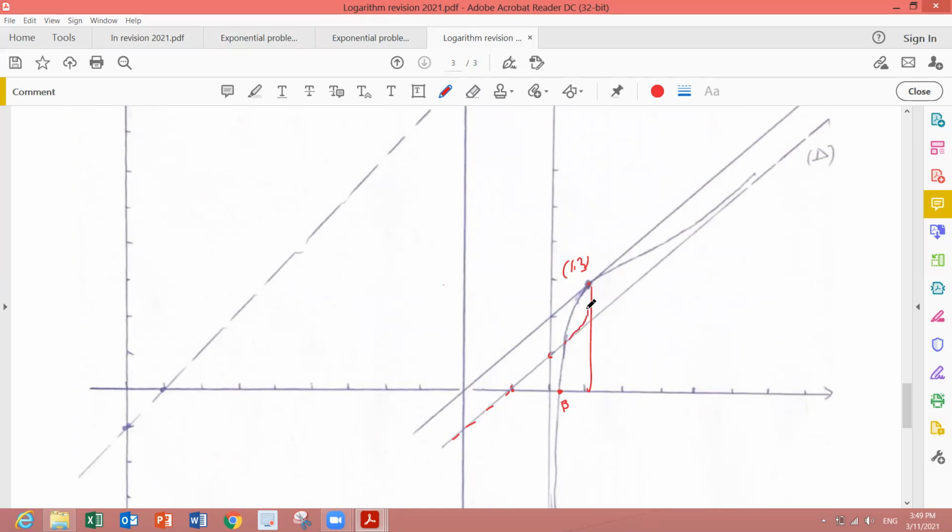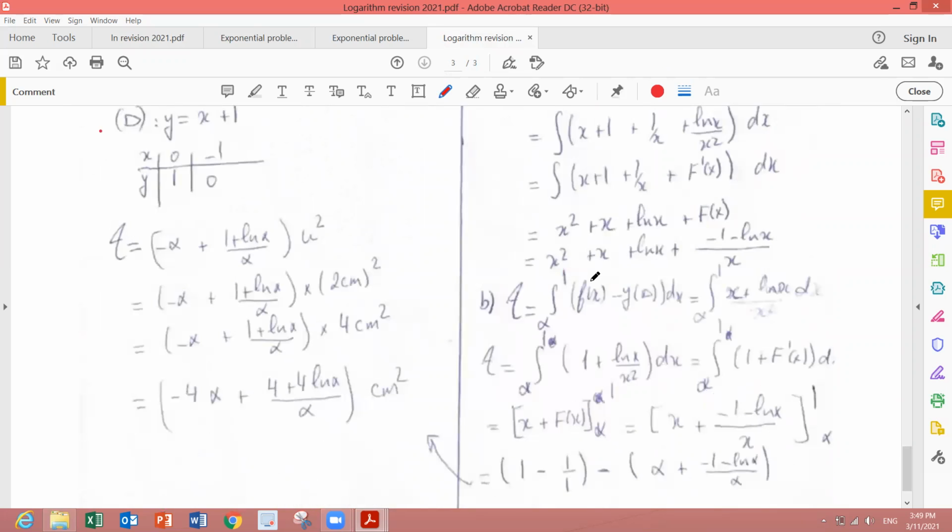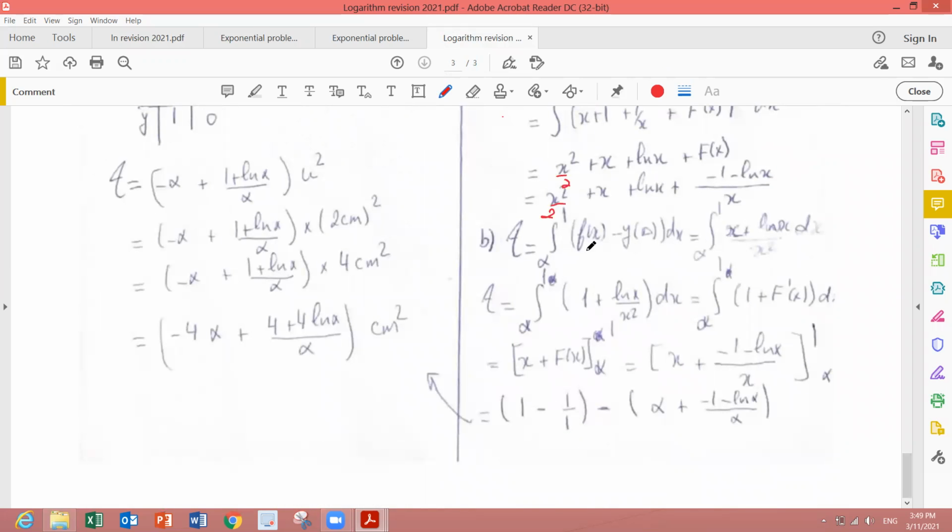We need to calculate this area, the area between the curve and the oblique asymptote. The area is the integral from alpha to 1 of (f(x) minus y delta) dx.